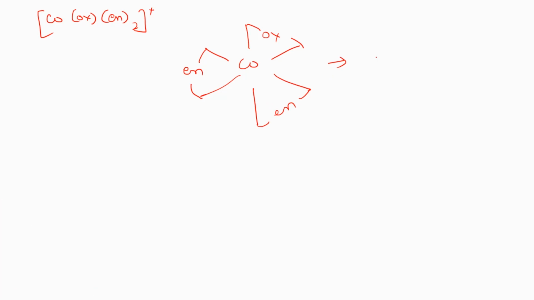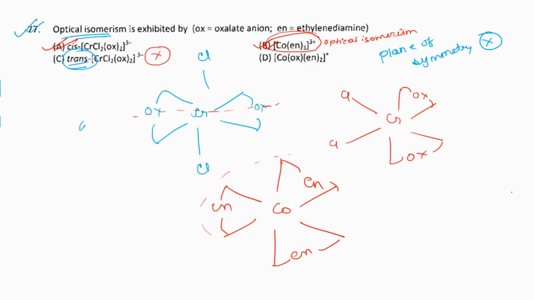There is no plane of symmetry over here as well. You cannot cut it. So this is also optically active. So your final answer is A, B, and D, which are optically active compounds.